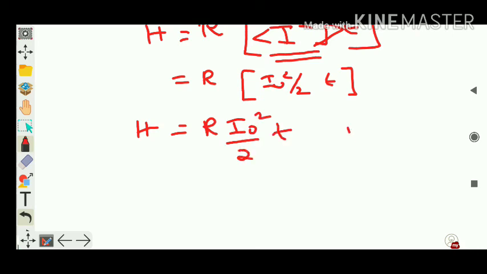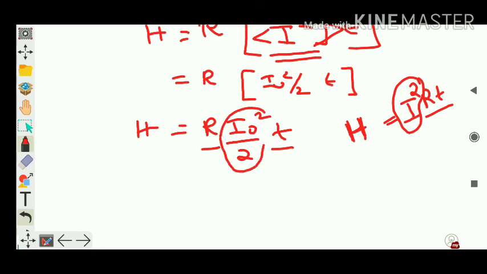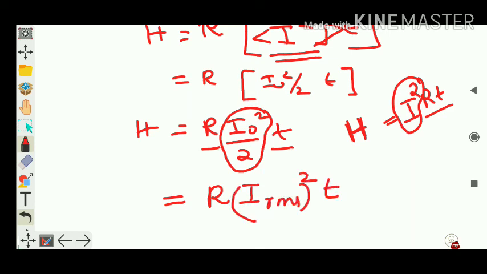But actually we have learned that heat is always written as current squared into R into t. Here I am writing I naught squared by 2 in that place, so I have to write this in this form as IRMS squared.